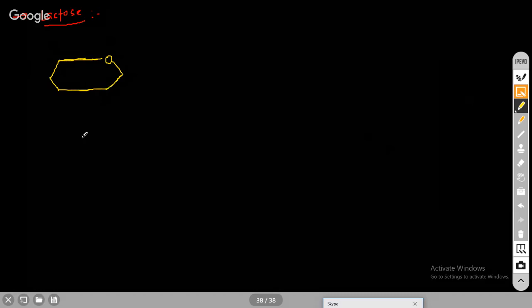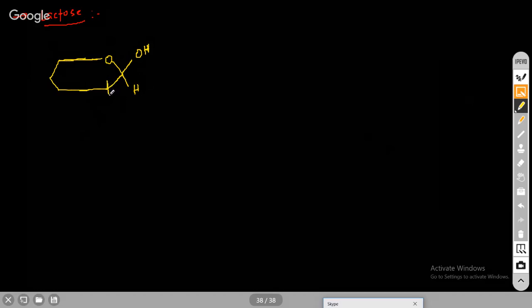Okay, so I am drawing here beta D galactopyranose. Since it is beta, OH will be on the top, right? Beta, first carbon, OH on the top. Alpha, first carbon, OH on the bottom. So this is the first carbon.